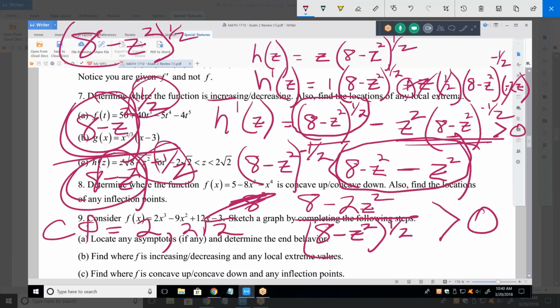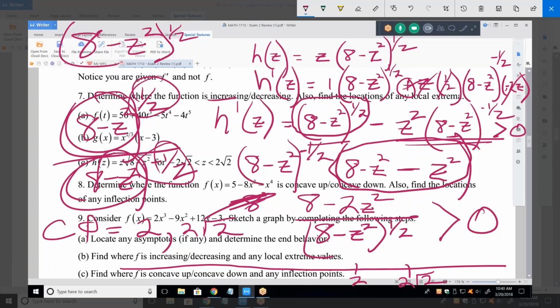And what you now have to do is draw a line chart. Put your critical points on there. There's 2, and there's 2 root 2. And now let's start checking numbers to see where it's positive. So check 1. And which function do you plug it into? You plug it into the first derivative.